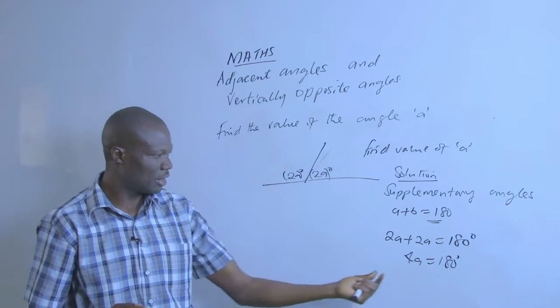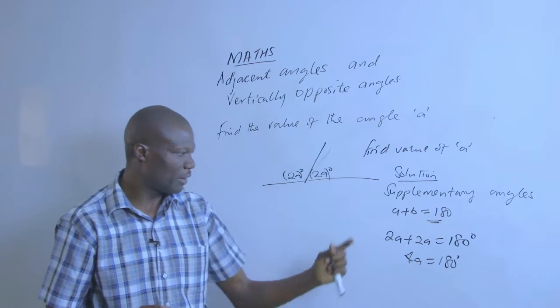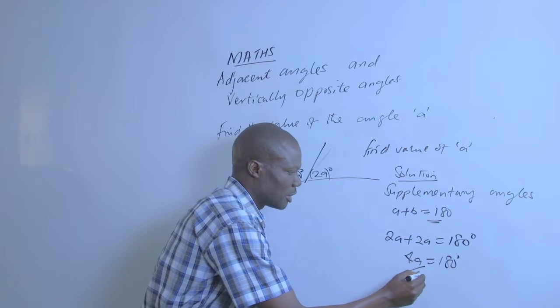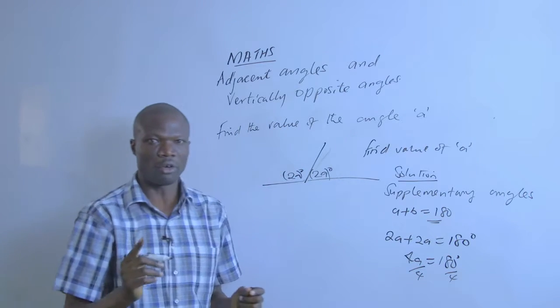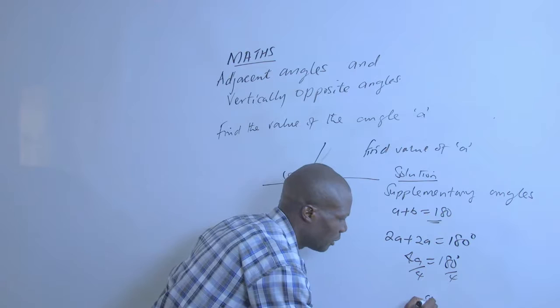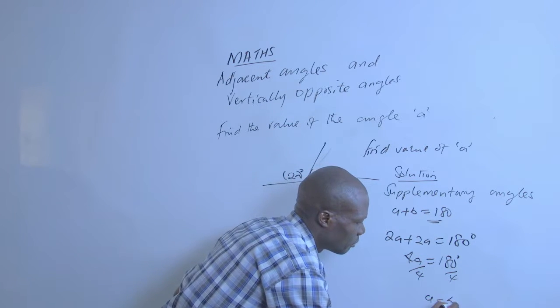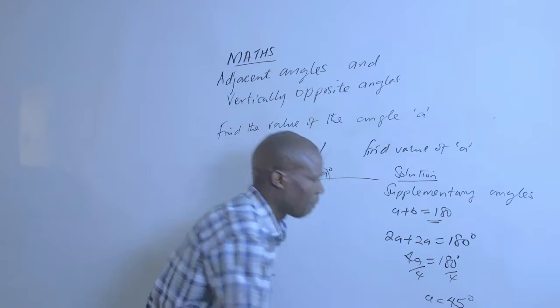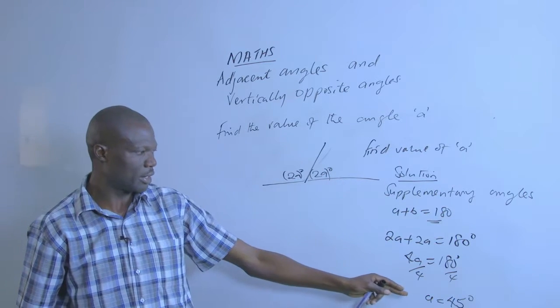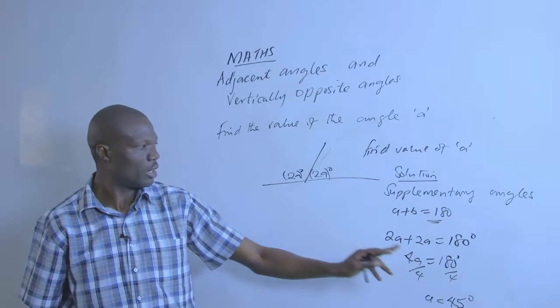But our interest is to find the size of A, which implies we shall simplify by dividing by 4, and we remain with A equal to 45 degrees. A is 45 degrees.